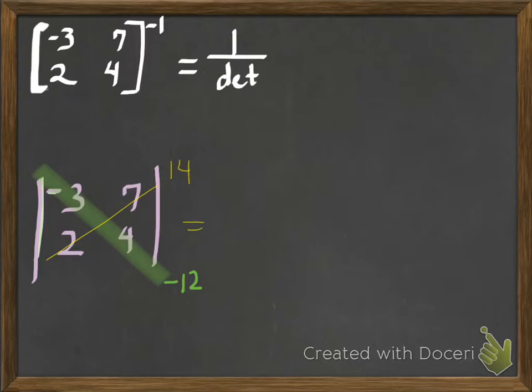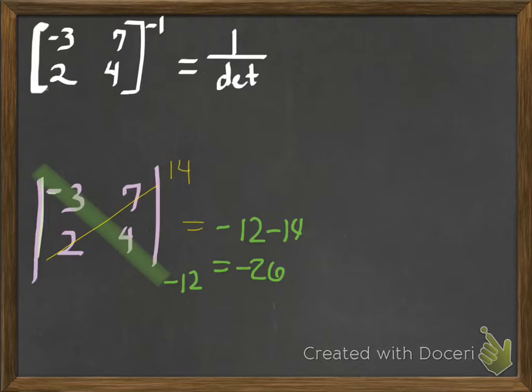Which is 14. And so that gives us -12 minus 14, which is -26. So our determinant is -26. That's just something you'll do on the side. That's just scratch work that will be done to create it.